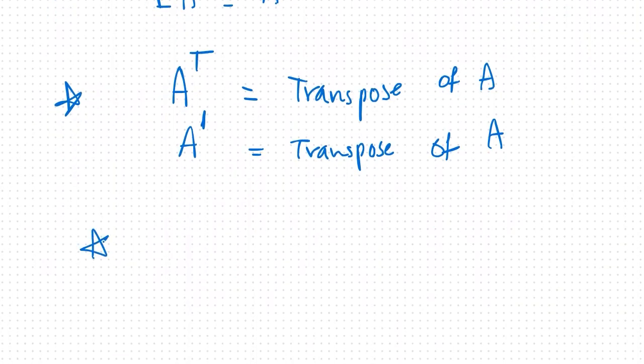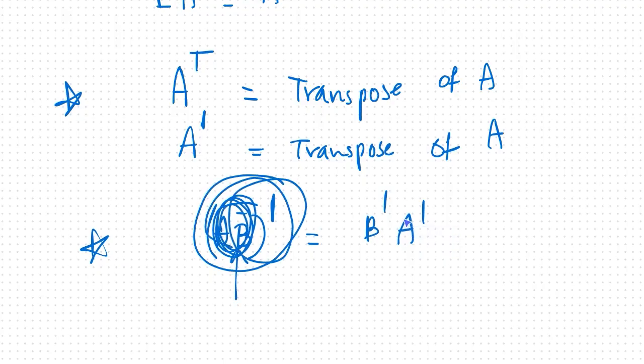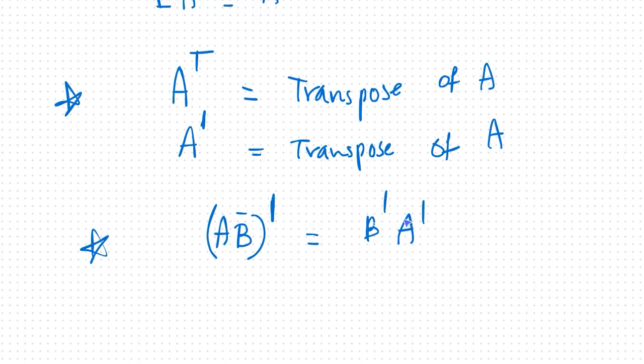So there are some properties for transpose. If two matrices are multiplied and you take the transpose of the product, it will be B dash A dash. Even if you multiply this and then take the transpose overall, it is the same as B transpose multiplied by A transpose.